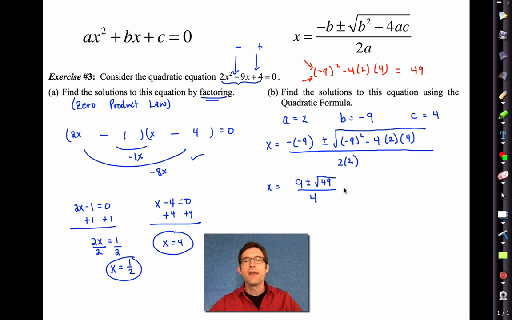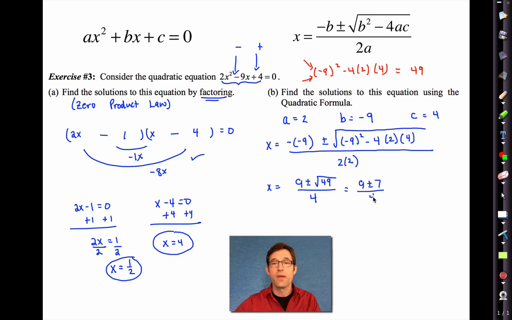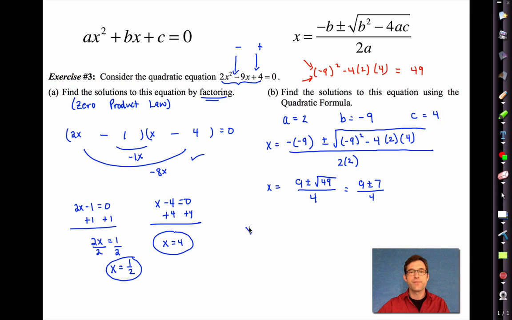Now in the previous problem, we had an ugly number under the square root. That number under the square root is called the radicand. We had 52. But 49 is a nice number, right? The square root of 49 is a rational number. That's 7. So we're going to get two answers: 9 plus 7 divided by 4, and 9 minus 7 divided by 4. 9 plus 7 is 16, and when we divide that by 4, we get 4.